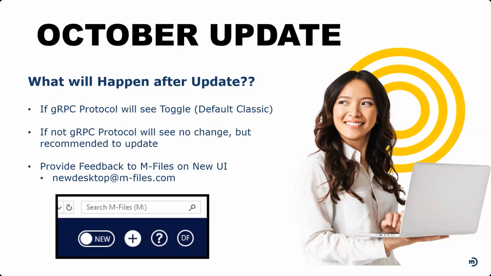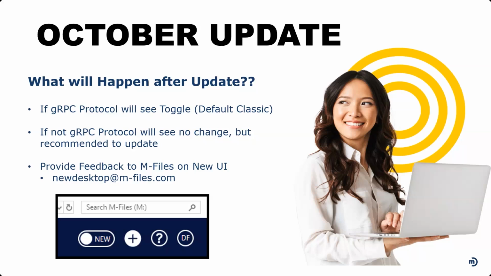The other thing that happens if you are on the new protocol at the end of October is that your interface will have a new option in the upper right-hand corner. It will be a toggle, very similar to what Microsoft did when they rolled out the new Outlook.